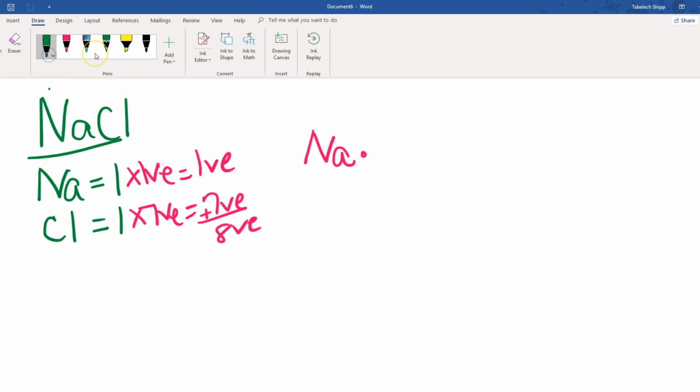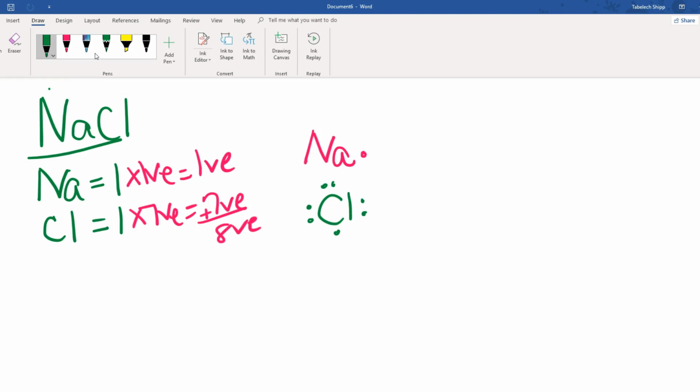And again, I'm going to show you a different version of chlorine, and it's coming in with 7. Notice how I use 2 different colors. That's because I want to show you what happens when each element contributes to the process.